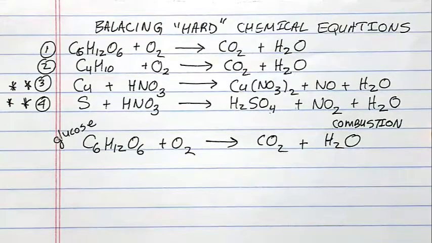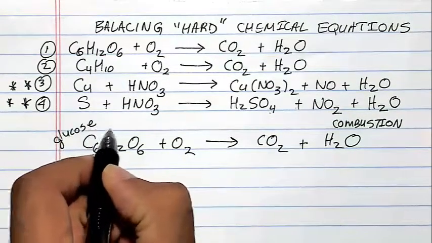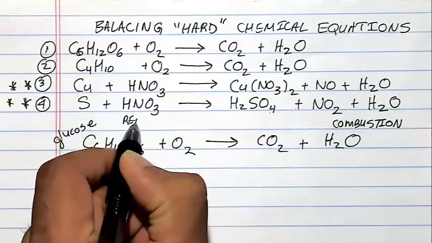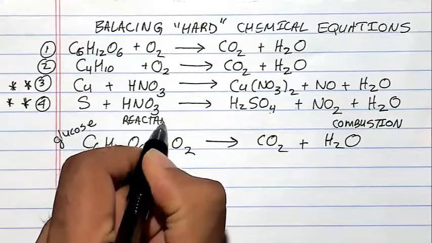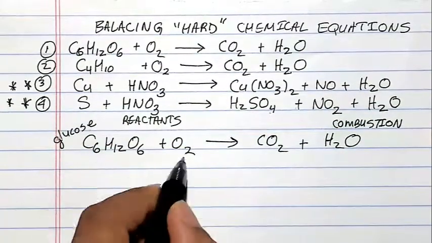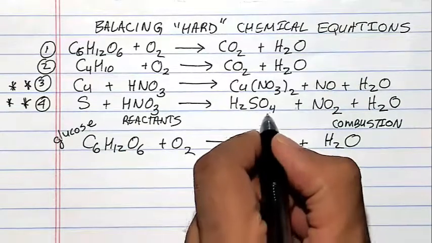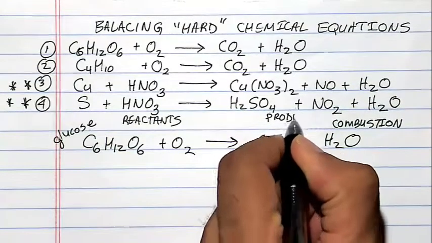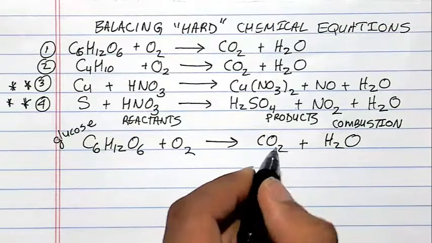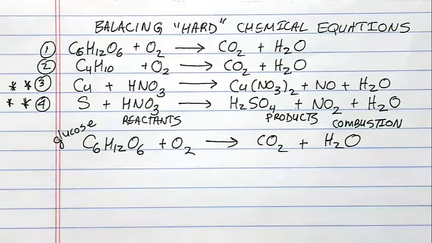So the way to balance this chemical equation is to understand the law of conservation of mass, which states that the molecular weight of the reactants, so here we have two reactants, glucose and oxygen, must equal the molecular weight of the products, and CO2 and water are the products of this combustion reaction.